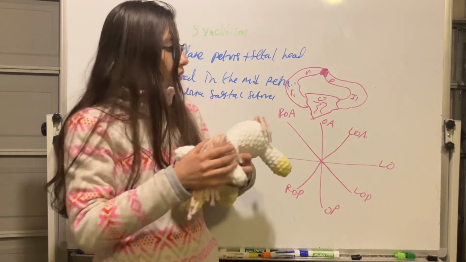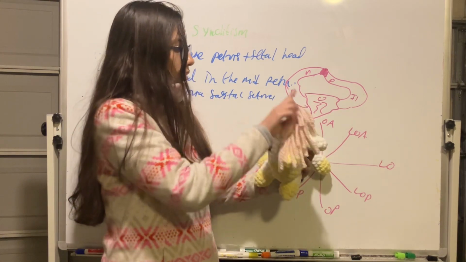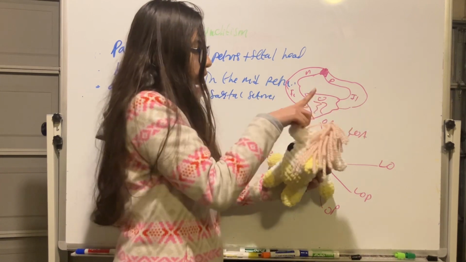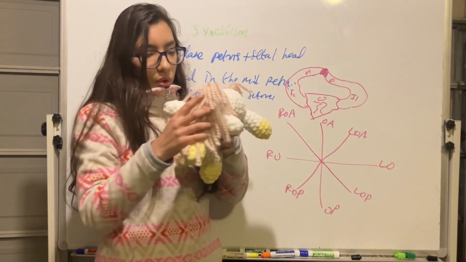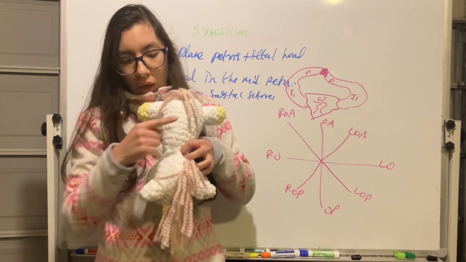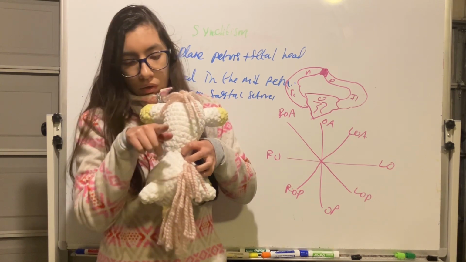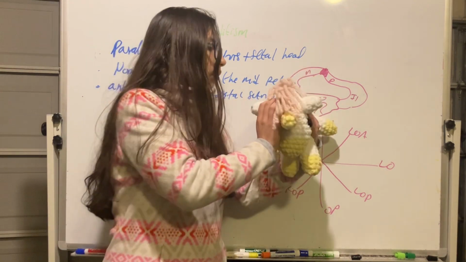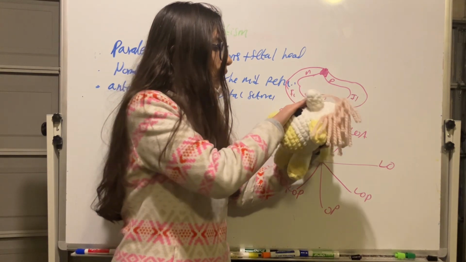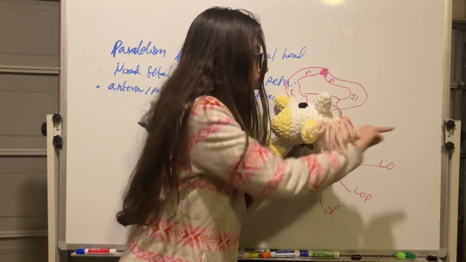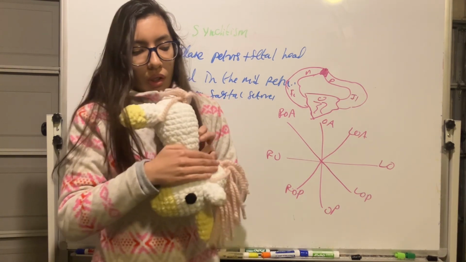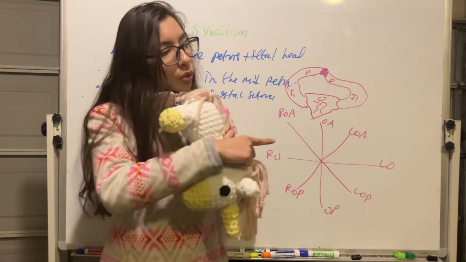Then we have left occiput anterior, going from here to here. Then this is left occiput.